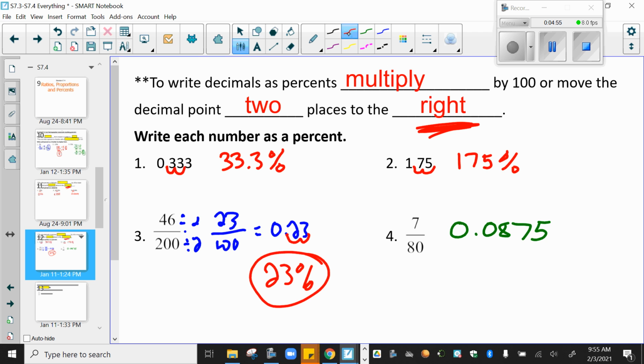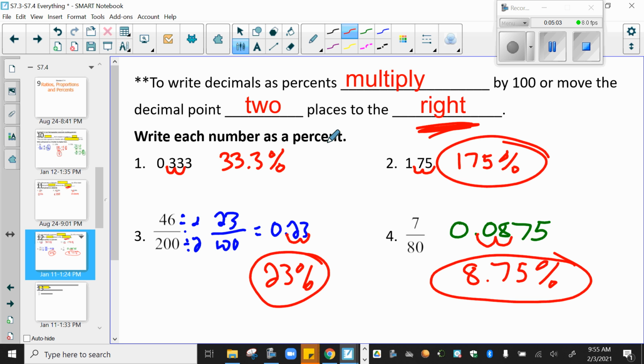And I'm going to move it 2 spots to the right. 1, 2. That gives me 8.75%. Have to have that percent sign on there. Otherwise, it's wrong. Right? So takeaway for this one, move it right to go from decimal to a percent. Go left if we go percent to decimal.